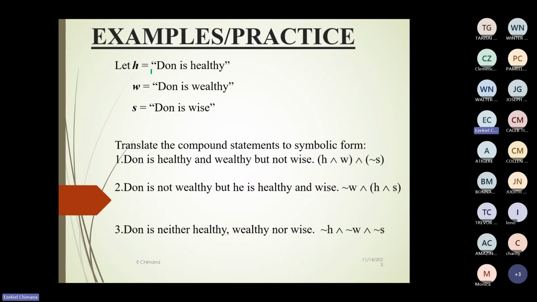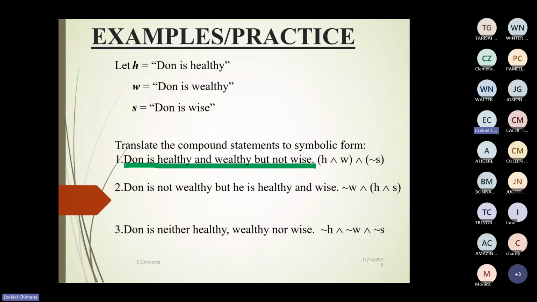Let H be equal to Done is health, then W, Done is wealth, then S, Done is wise. And then translate the compound statements to symbolic form. Done is health and wealth, but not wise.